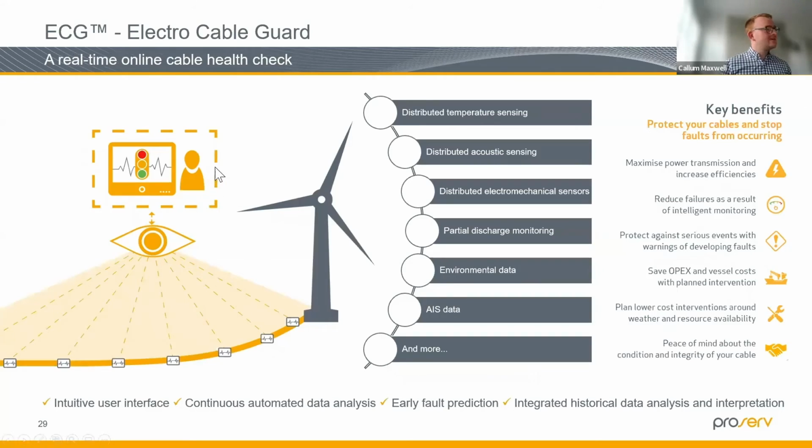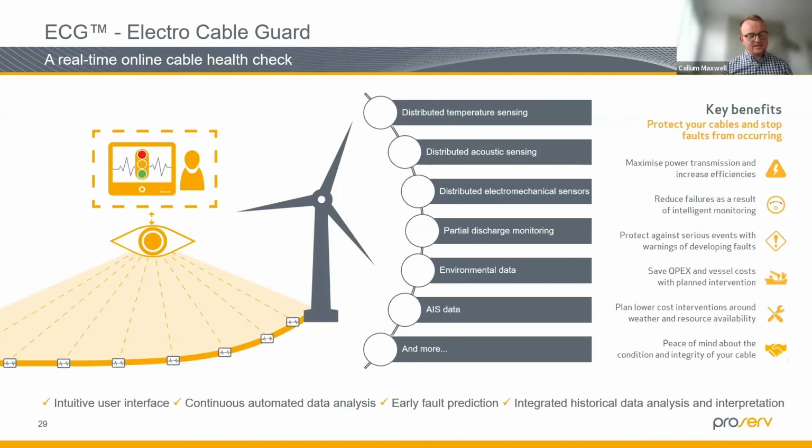So moving on to the electro cable guard itself. So Proserv's background, our history is all focused on bringing proven systems together in an integrated way so that we can correlate the data and maximize the benefit of that data as well. So today, obviously, we've got a big focus on the distributed electromechanical sensors, but we are correlating that with distributed temperature sensing, distributed acoustic sensing, and any other sensing that is required on site by an operator.